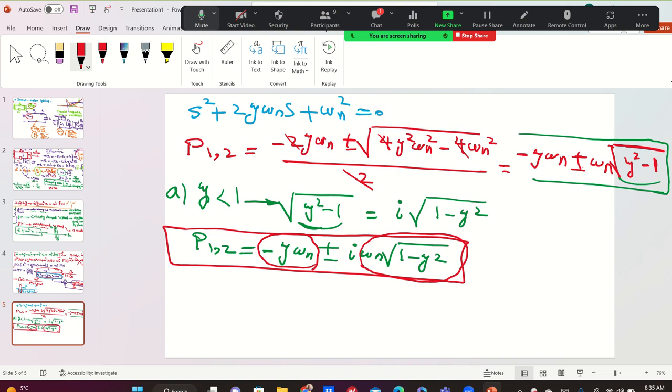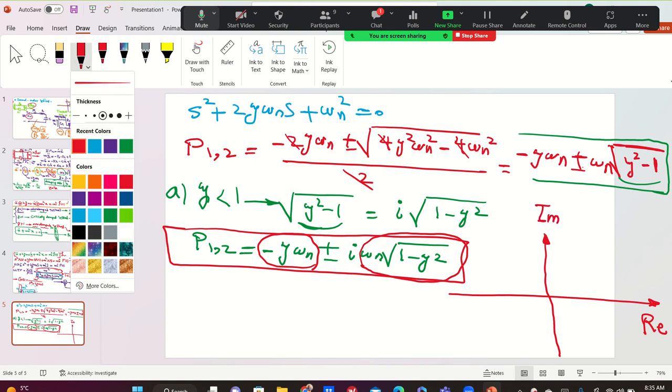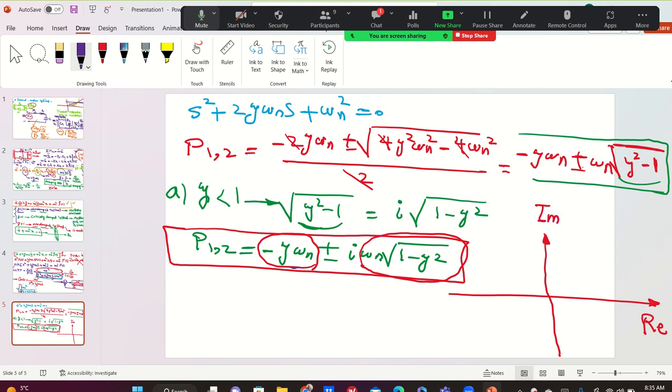So if I plot this, real, imaginary. The real part of that is on the left hand side, minus zeta omega n, say here.